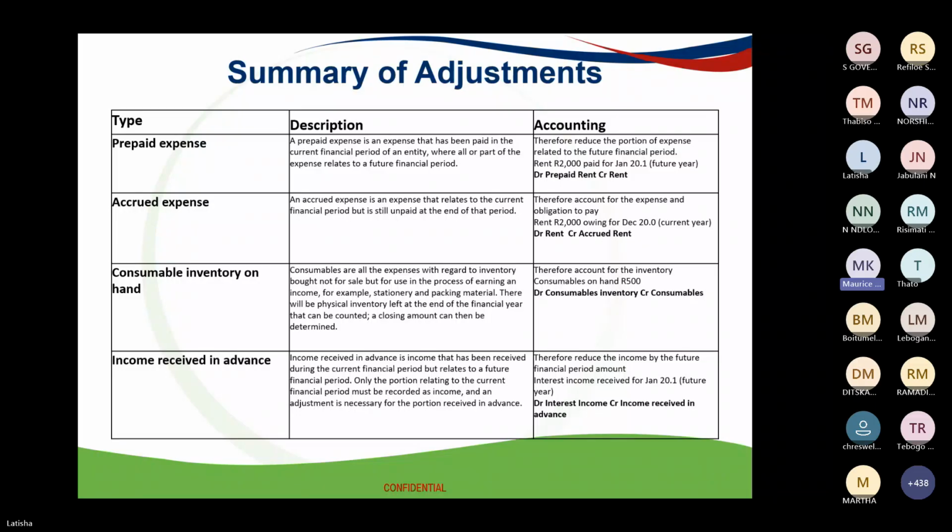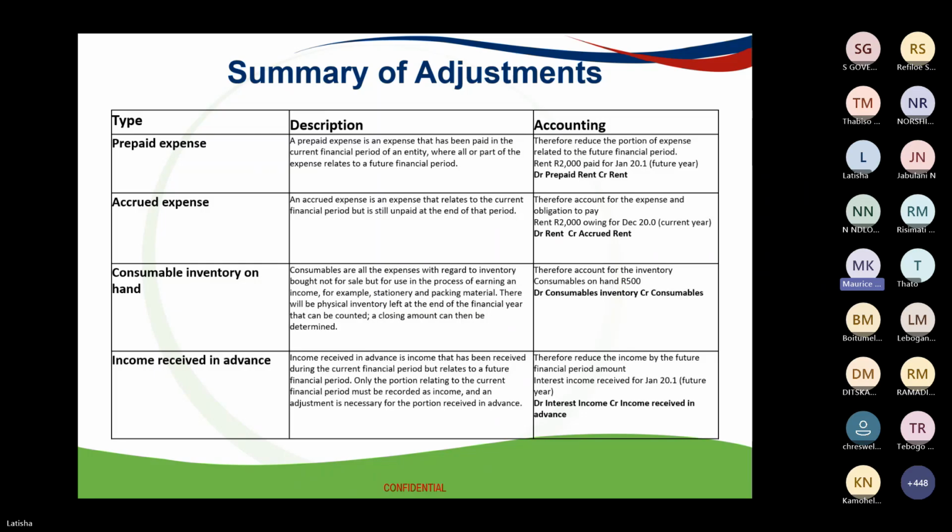A prepaid expense is an expense that has been paid in the current financial period of the entity, where all or part of the expense relate to future financial periods. So in a financial period, we've got 12 months.